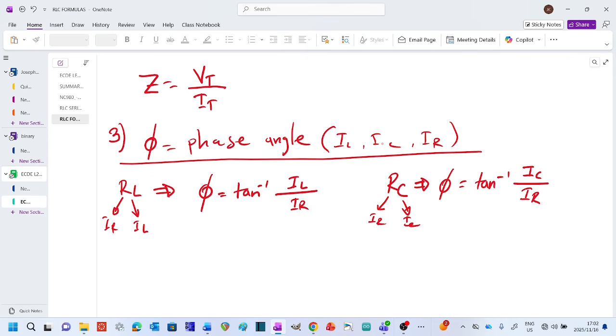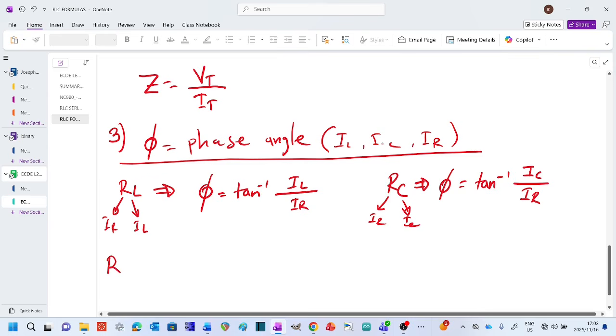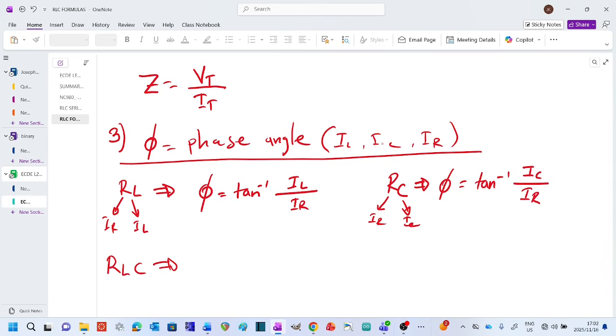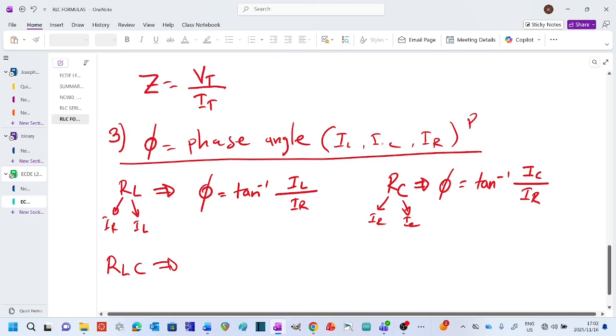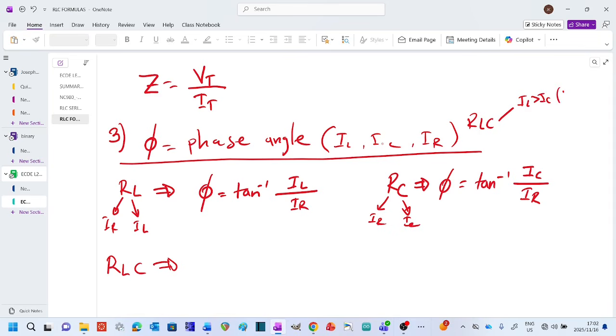So if you have to calculate the phase angle for an RLC circuit, you also have to make sure, if your IL is bigger than your IC, then you are doing IL minus IC.